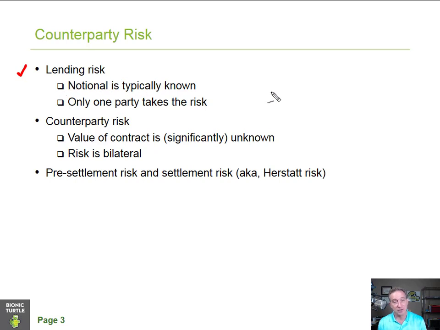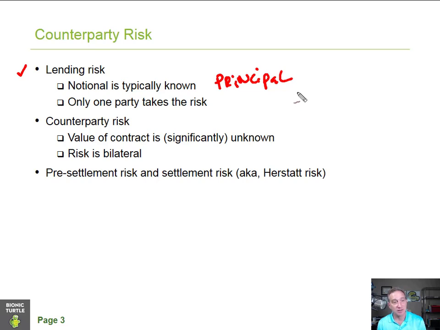If we think about lending risk, a bond or loan for example, the notional is typically known, and in fact we'd usually call that the principal, right? Principal is one way we distinguish between traditional bonds and loans as opposed to the notional referenced by derivatives.